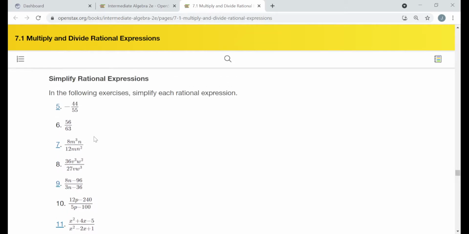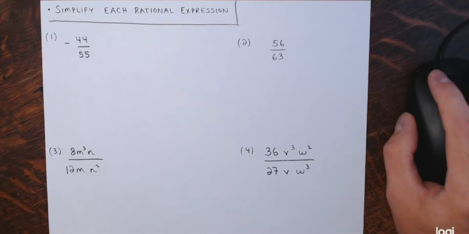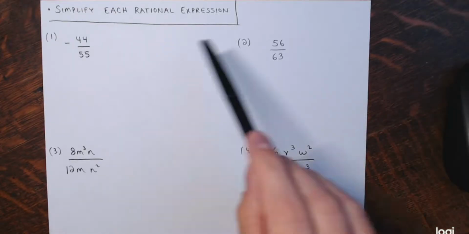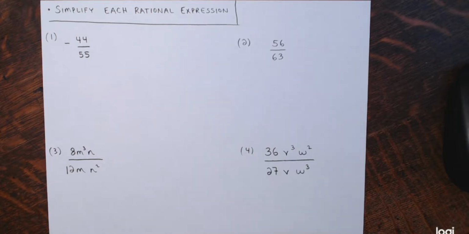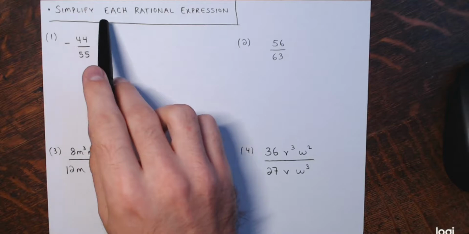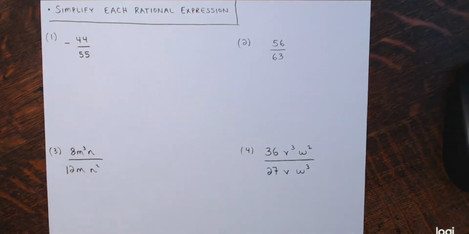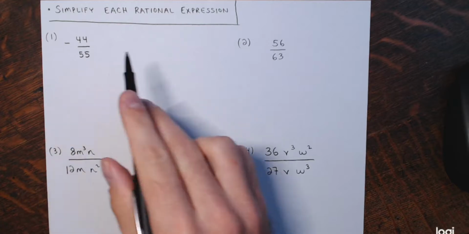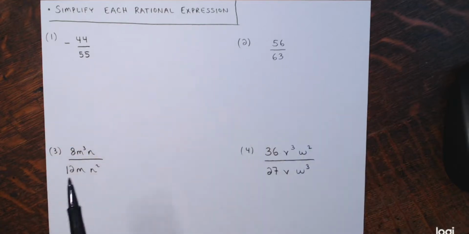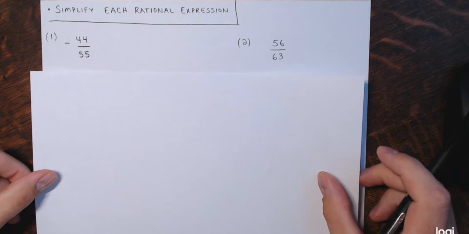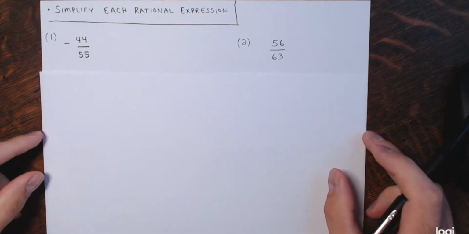Okay, so example 1. I'm going to do about 4 examples per page. We're asked to simplify each rational expression. In the first couple of examples, we're given fractions, rational expressions with no variables, no letters.